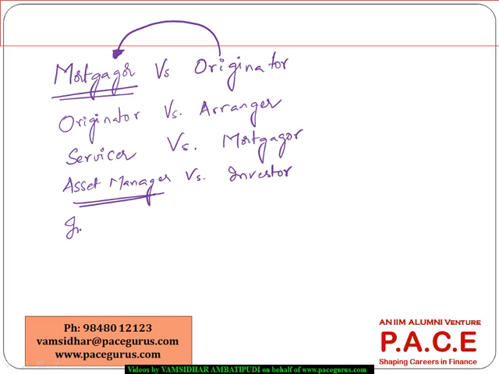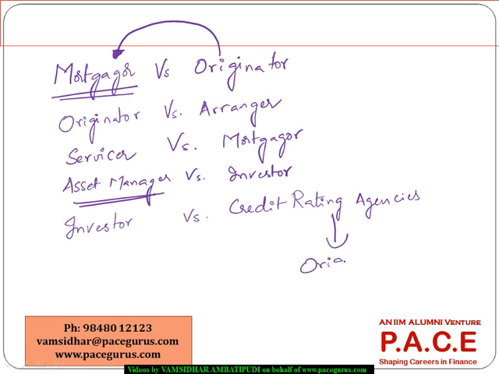It can even go to the extent of some kind of friction existing between the investors and the credit rating agencies, because to a large extent the credit rating agencies are being paid by the originator or the arranger. They are not compensated by the individual investor.